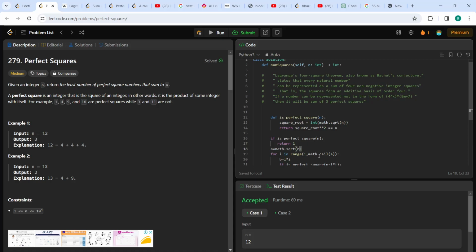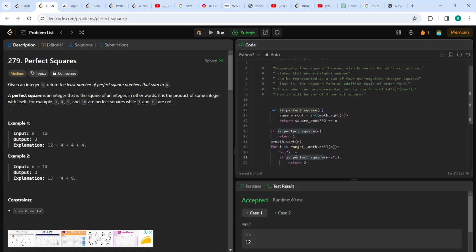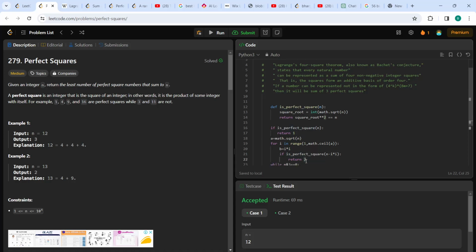For i in range 1, comma math.ceil of a. Math.ceil refers here, and 5.8 goes to 6. So for i in range 1, comma math.ceil of a, b is equal to i squared. If the remaining number is also a perfect square, then the answer can be 2. So if is perfect square of n minus i into i, return 2. Now there goes case 2.